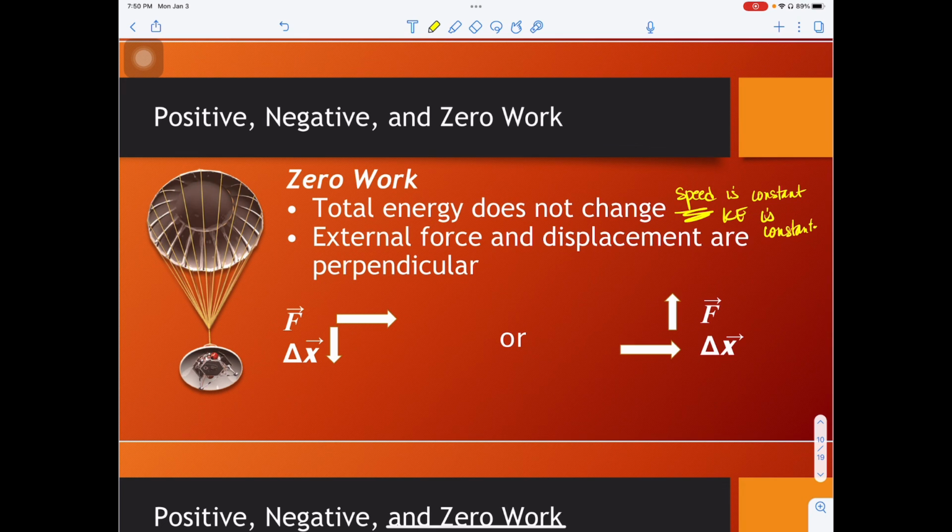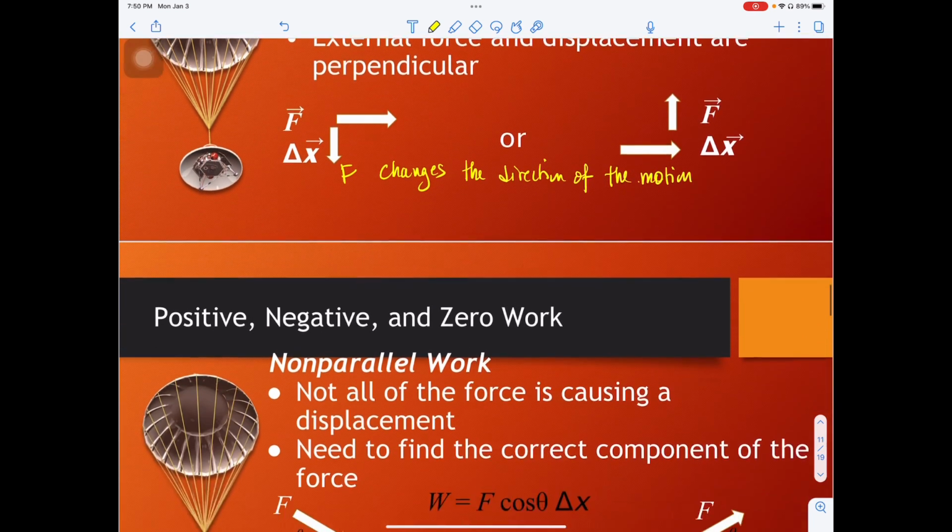And all this external force does is change the direction of the motion only. And so that's zero work.